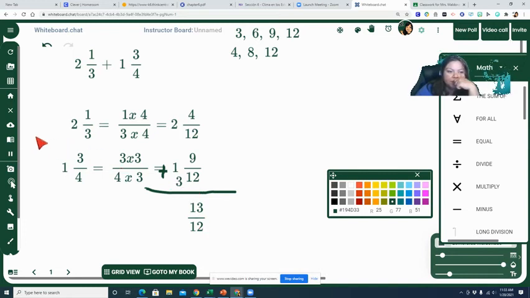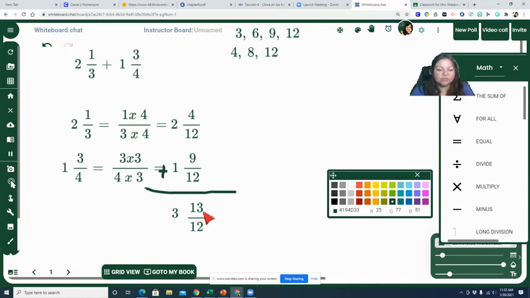But the only problem I have here is that I cannot leave this like this, because 13 over 12 is a fraction greater than 1. So this means that I need to regroup, and I need to rewrite it as a mixed number.